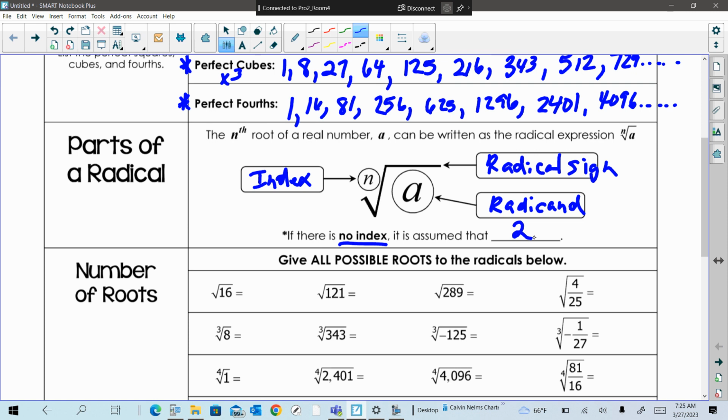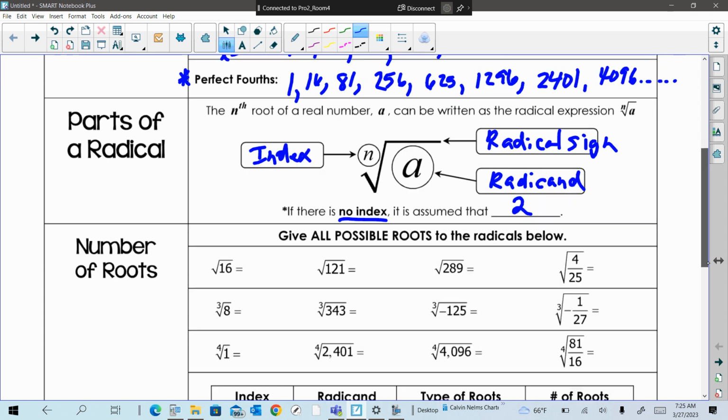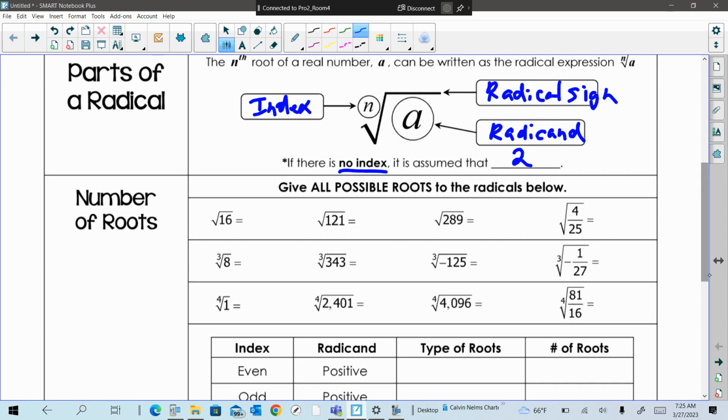All right, so these give all possible roots to the radicals below. All these are perfect squares or cubes or roots. So the square root of 16 would be plus or minus 4. The square root of 121 is plus or minus 11.